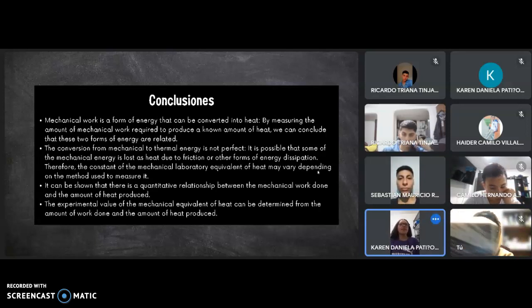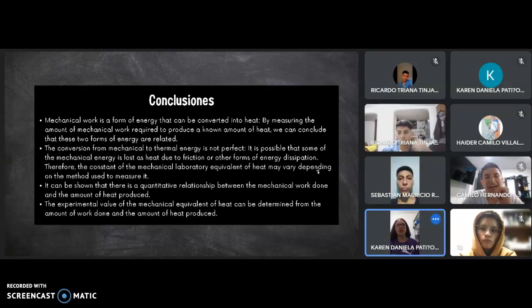Number 3, the experimental value of the mechanical heat equivalent obtained is a measure of the efficiency of the process, taking into account any mechanical energy not turned into heat, lost to friction or other energy losses.